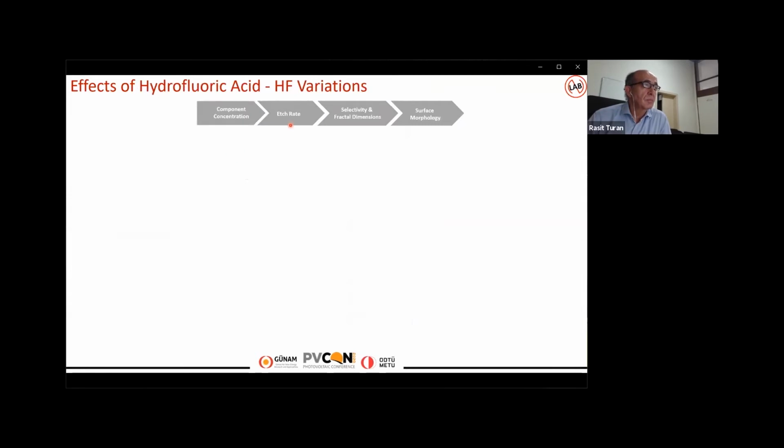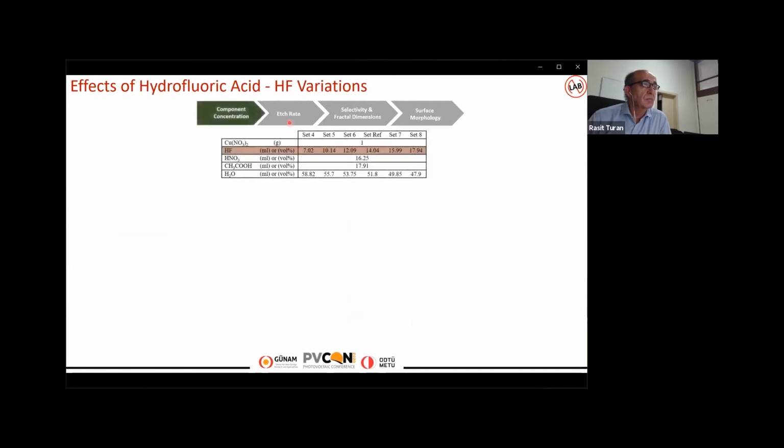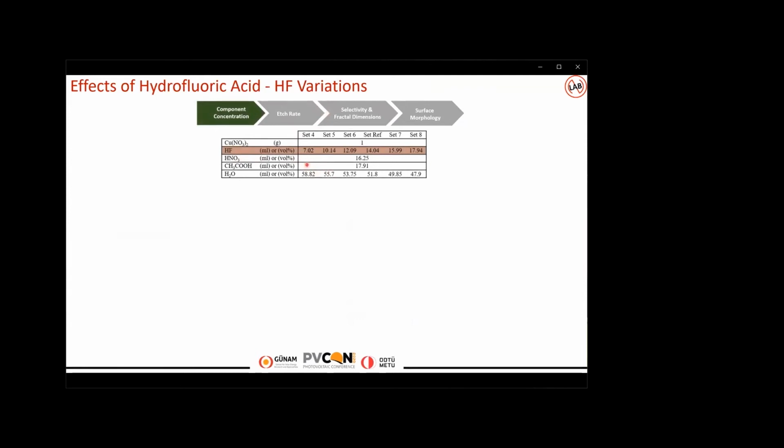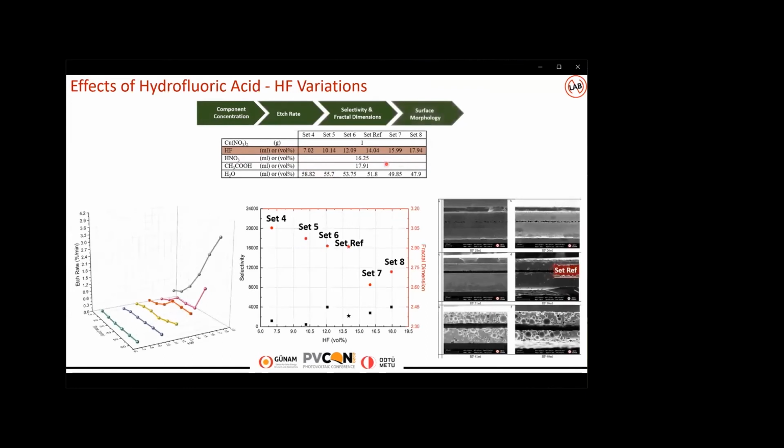Here is the effect of hydrofluoric concentration on the chemical process. Here we change the concentration of hydrofluoric acid from 7.02 up to 17.94. As you can see, the high concentration of hydrofluoric acid in the solution damages the sample, which leads to poor fractal dimension, while it drastically increases the etch rate of the laser modified part.